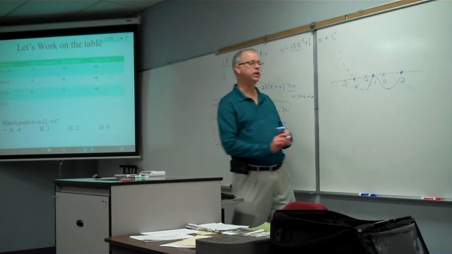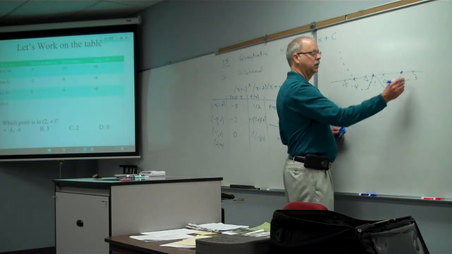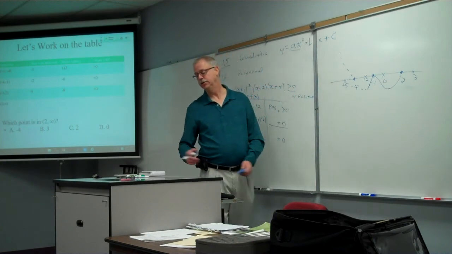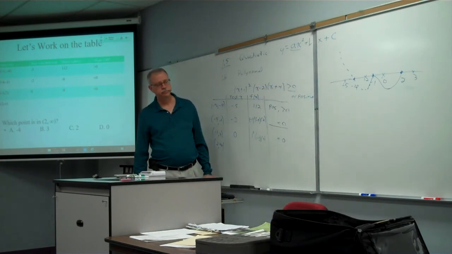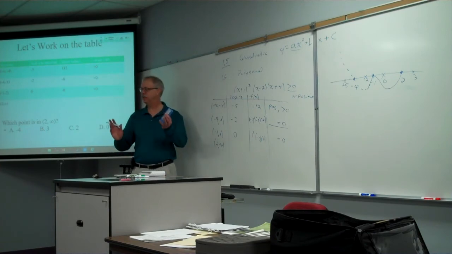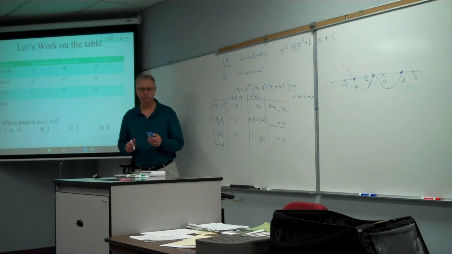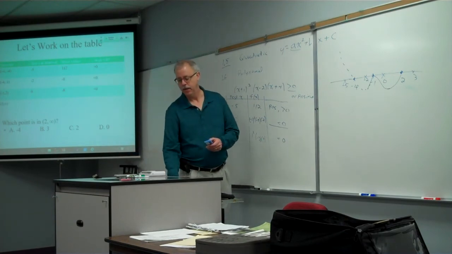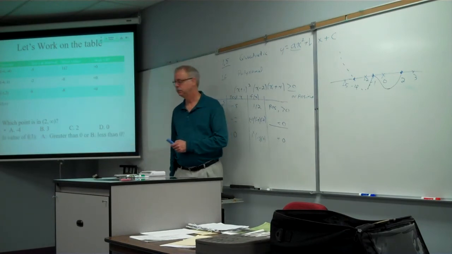There are lots of points we could use. 3, 4, 27, pi. There are lots of options we can use. Normally we would pick something easy, but we have to be sure it's in the interval. And we'll do the same thing there.